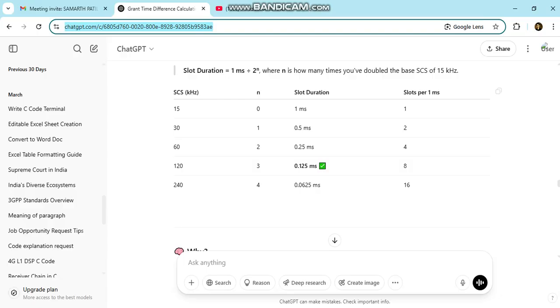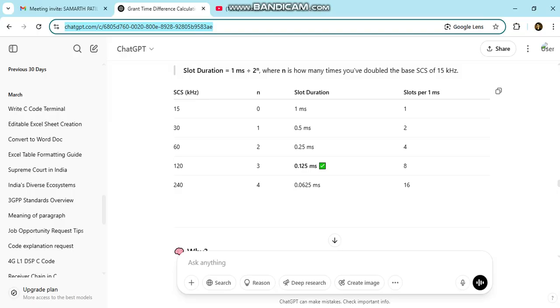Slot duration is 1 millisecond divided by 2 raised to n, where n is how many times you have doubled the base subcarrier spacing of 15 kilohertz. For 15 kilohertz, n is 0, slot duration is 1 millisecond, so 1 slot per millisecond. For 30 kilohertz, n is 1, so the slot duration is 1 millisecond divided by 2, which is 0.5 millisecond, so 2 slots per subframe.